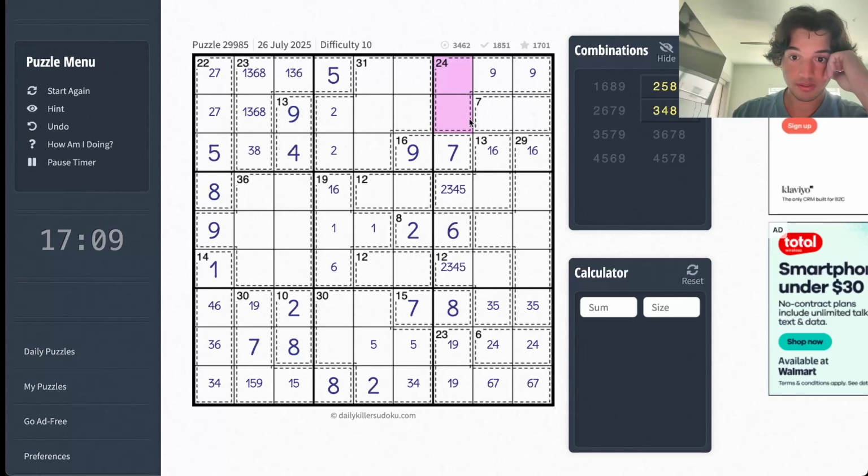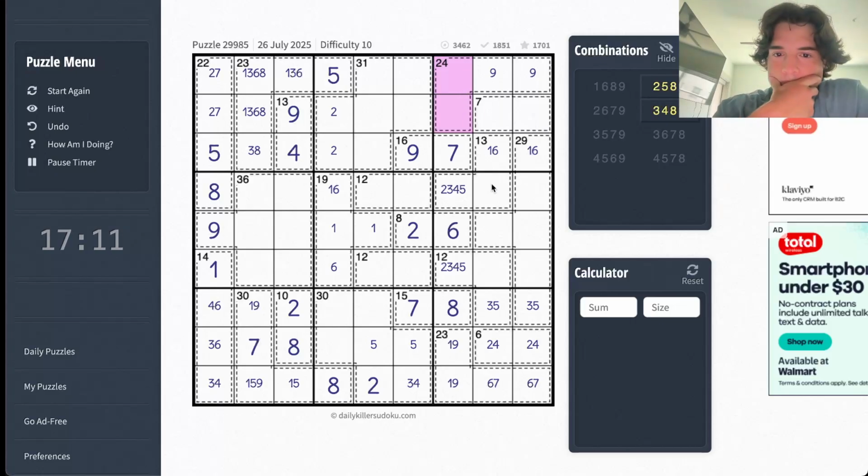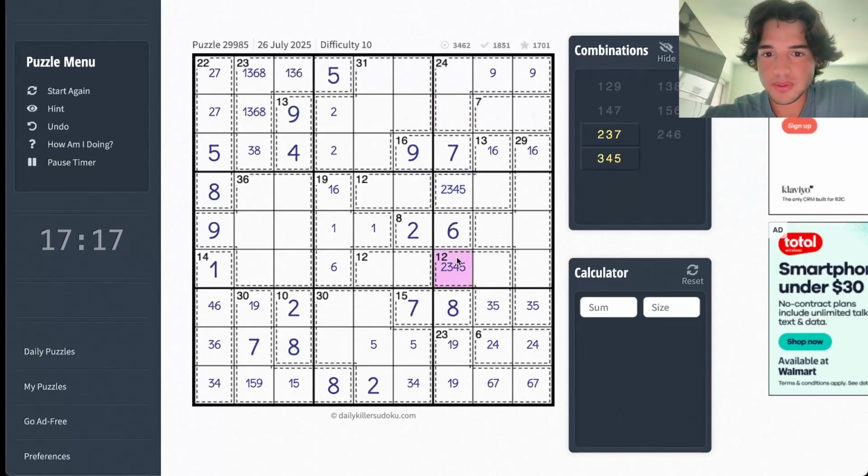Oh, wait. Yeah, the question is, could this be 2, 5? Let's just say it was 2, 5. This was 2, 5 here. Then you end up with a 3, 4 here, and then you'd need a 2, 5 here. Because 1, 6, 7, 8, and yeah.